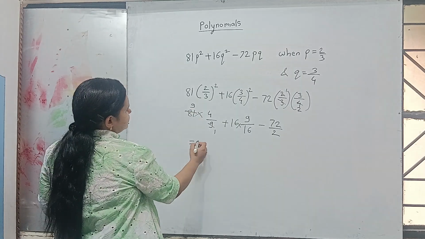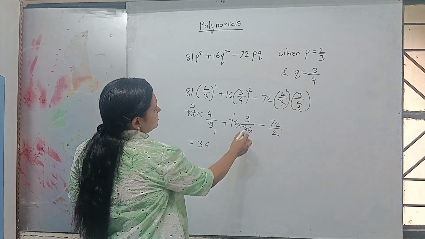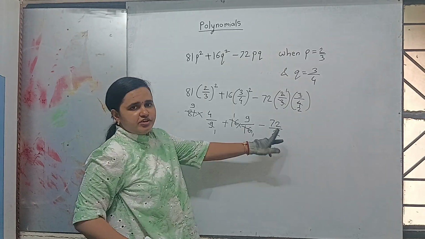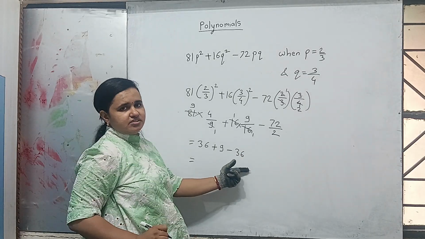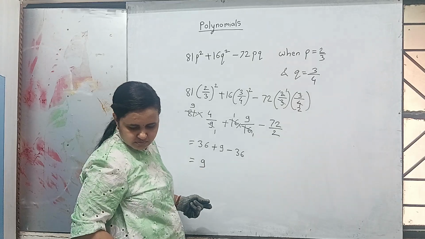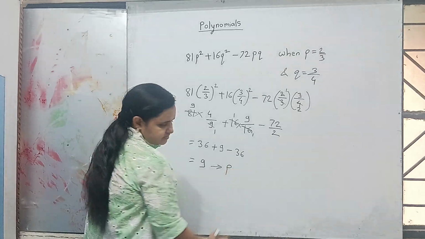What will it be? 9 fours are 36. Here 16 upon 16 will get 1 and plus 9 minus 72 upon 2 is 36. So 36 minus 36 will be 0 and we will get 9. So our option is 9, that is P.